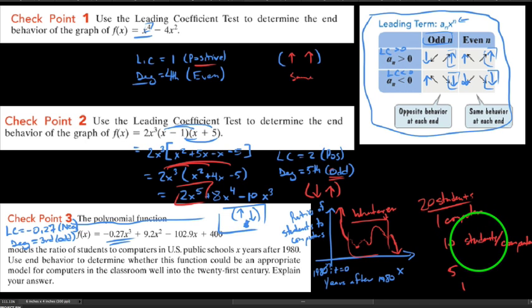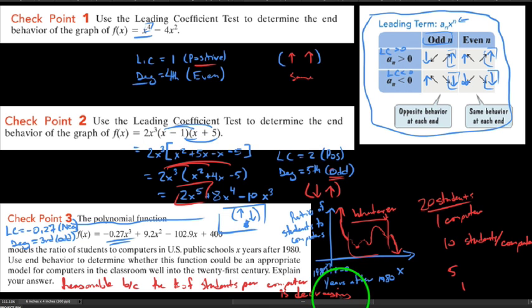Basically, there are fewer students per computer, meaning there are more computers per student. And so I would say that yes, this is reasonable, just for that reason right there. This is reasonable because the number of students per computer is decreasing, or must be decreasing on the right-hand side, which is a good sign.